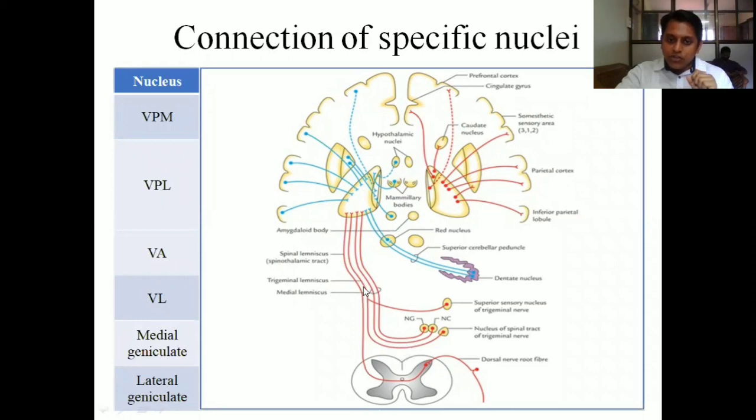Now these fibers ascending to the thalamus are grouped together and known as the medial lemniscus. If you have studied the sections of the brain stem at the medulla oblongata, pons and midbrain, you have come across the words spinal lemniscus and medial lemniscus. The medial lemniscus is nothing but the fibers of the posterior column carrying proprioception, and they relay in the thalamus.